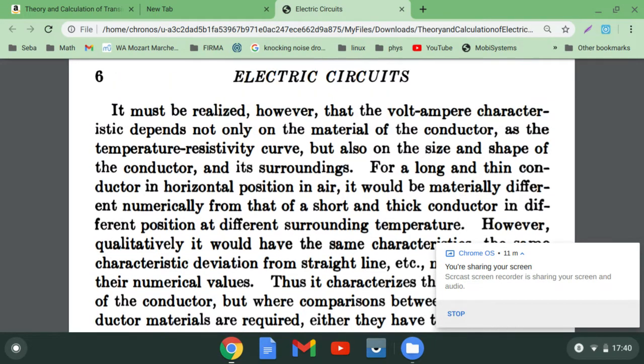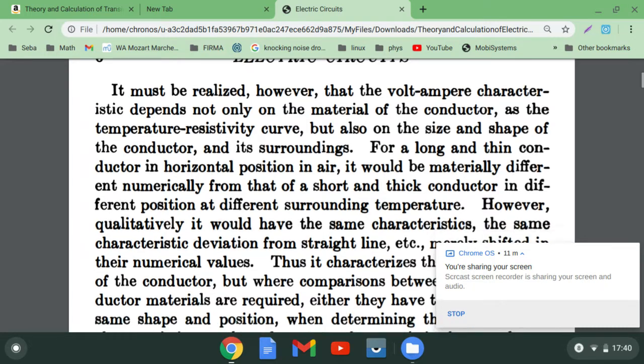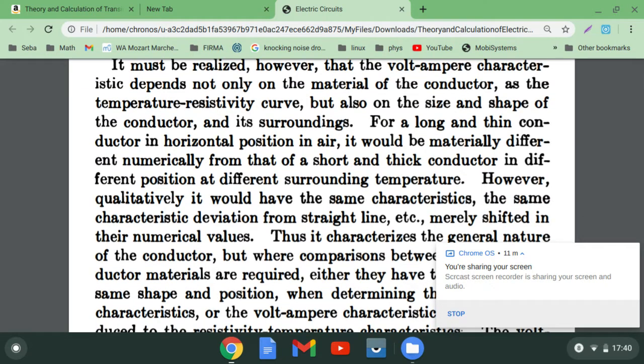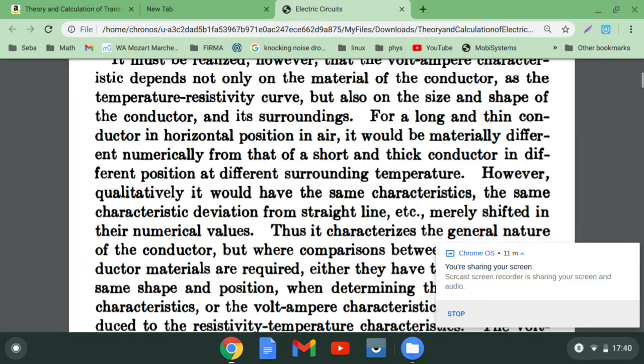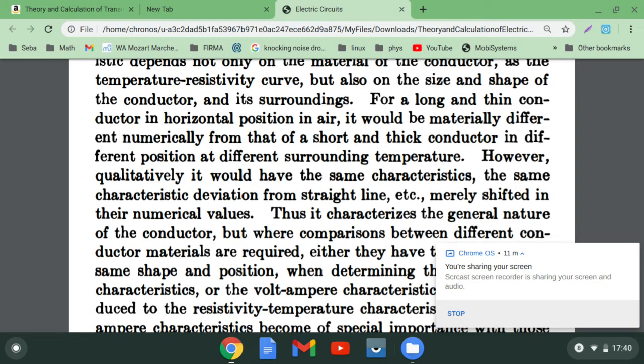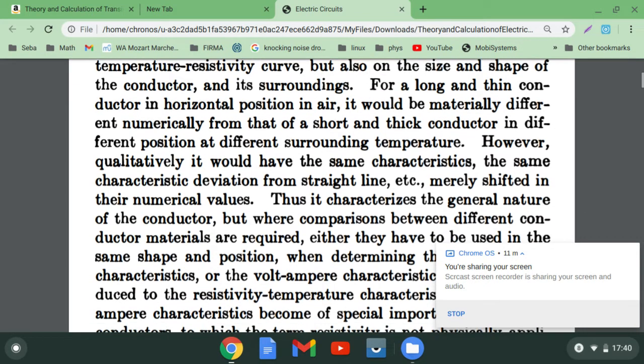It must be realized, however, that the volt-ampere characteristic depends not only on the material of the conductor, as the temperature resistivity curve does, but also on the size and shape of the conductor and its surroundings. For a long and thin conductor in horizontal position in air, it would be materially different numerically from that of a short and thick conductor in different position at different surrounding temperature.